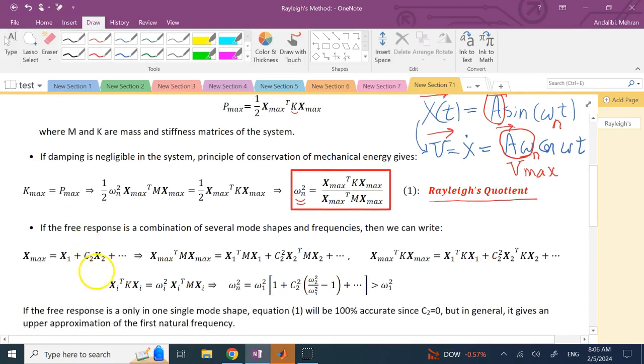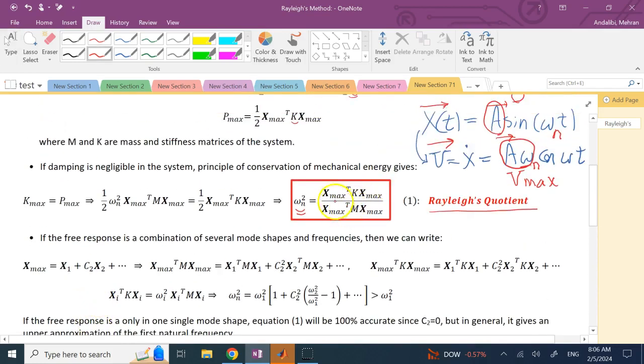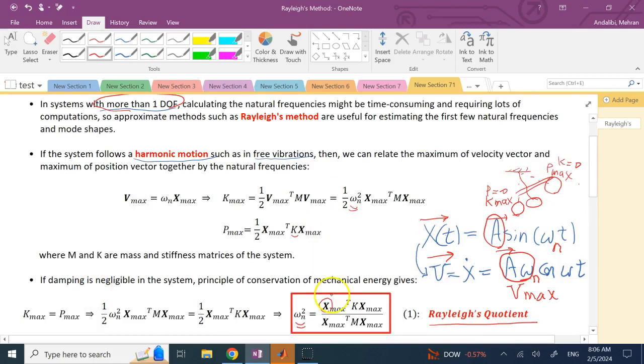This is a good formula, and it's going to be accurate when this x max only has one of the mode shapes of the system.